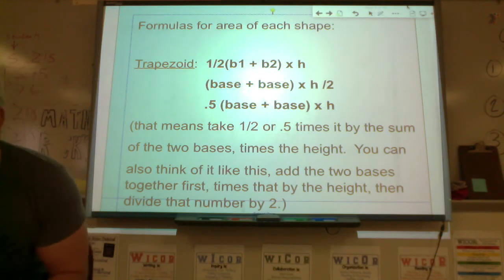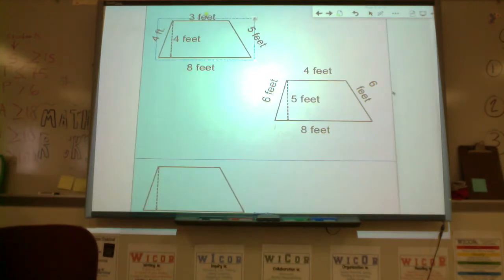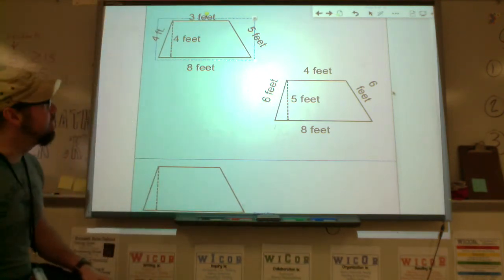All right, let's do one of these. Here we have a trapezoid.